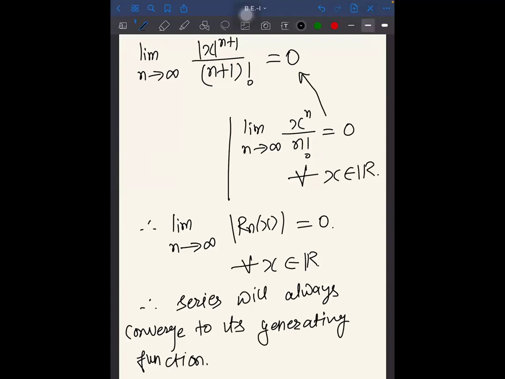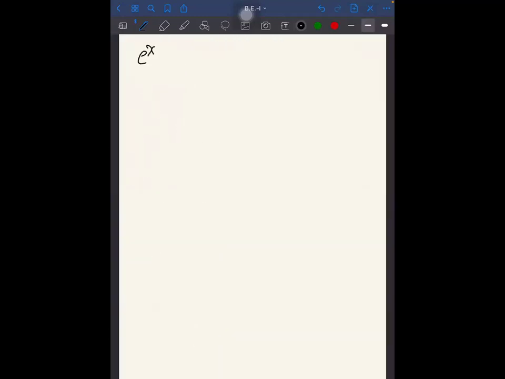Are you with me? And we already know that this is true for every x.